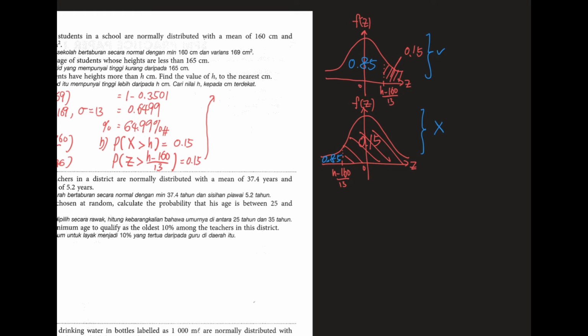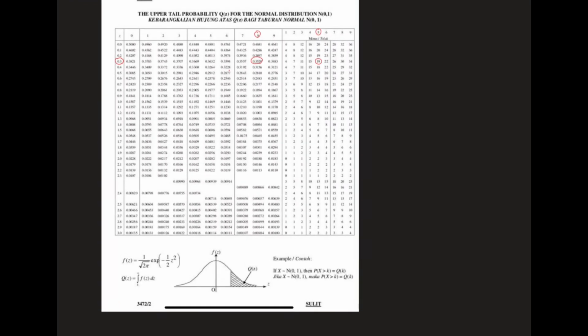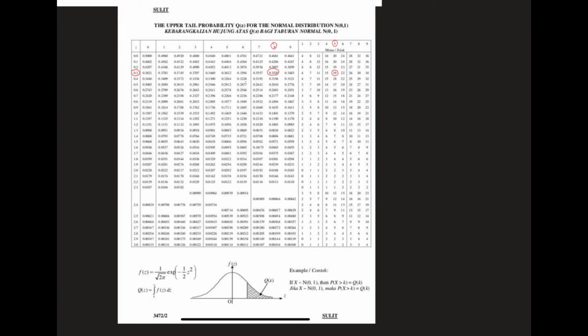Okay, now we use the table. Remember your graph. When you use the table, we can only look at the probability on the right tail, 0.15. For a positive value, we look at the right tail, 0.15.